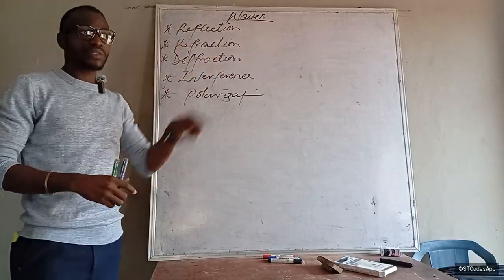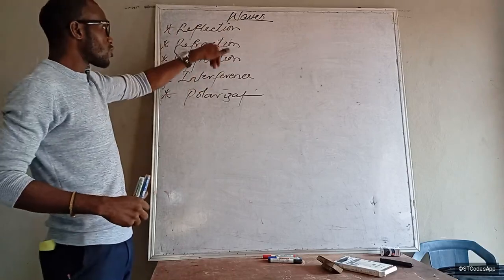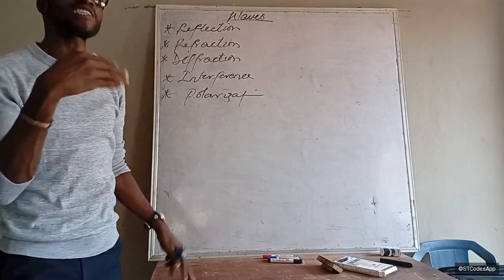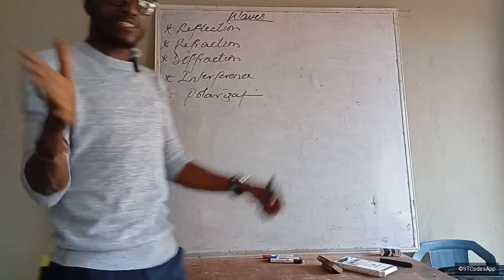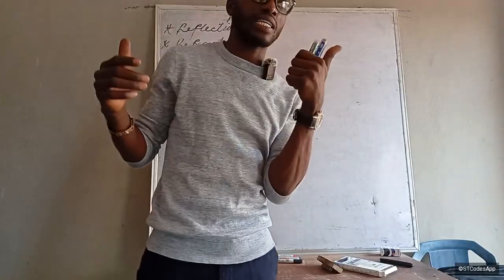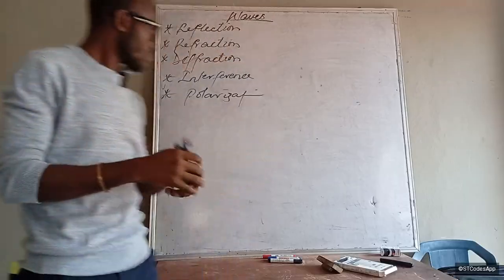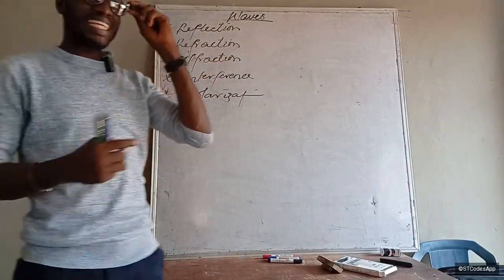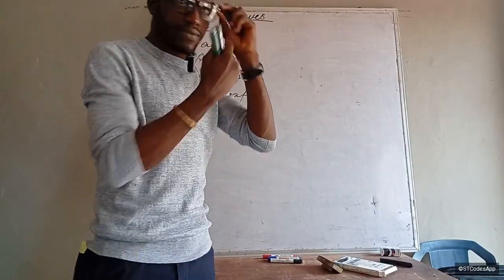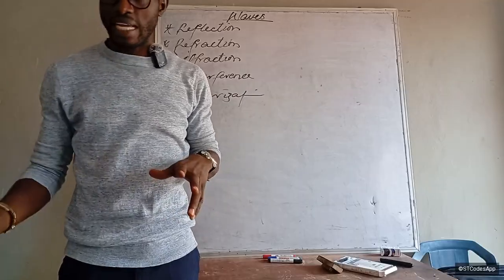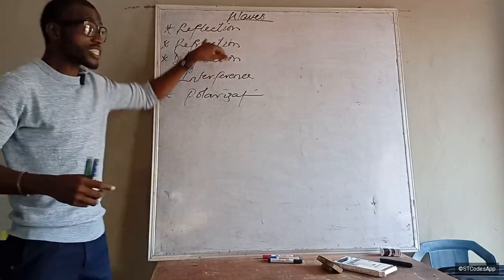Then refraction. Now these two have to do with light, but reflection is what happens with mirrors. So when light touches a mirror, it gets reflected back. That's why you're able to see yourself through the mirror. Is it making sense? Refraction happens with lenses like this. So lenses, refraction is what happens in lens.